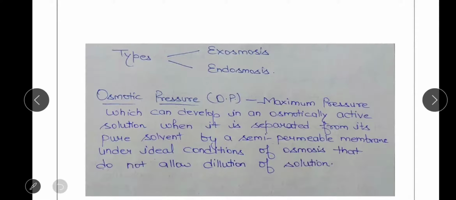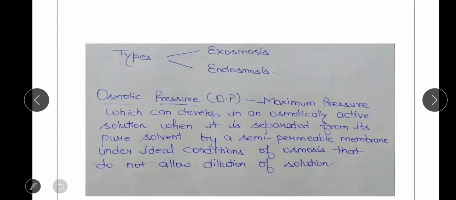So exo means outer side movement and endo means inner side movement of the solvent particles. So the entry of water inside a cell or organ due to osmosis is known as endosmosis, and the coming out of water from a cell or an organ under the influence of a concentrated solution is known as exosmosis.